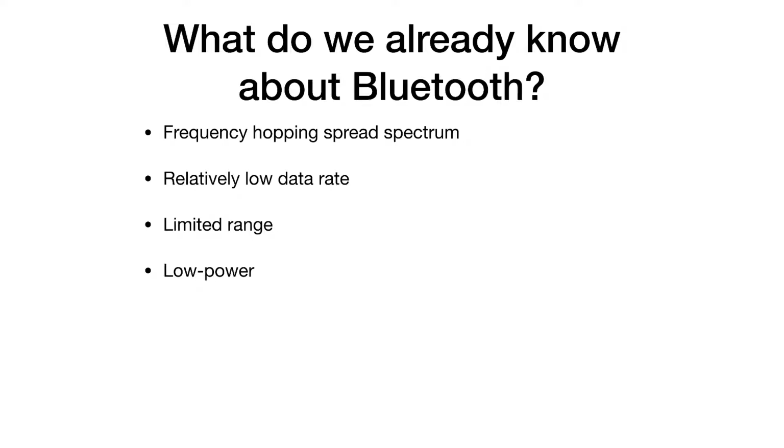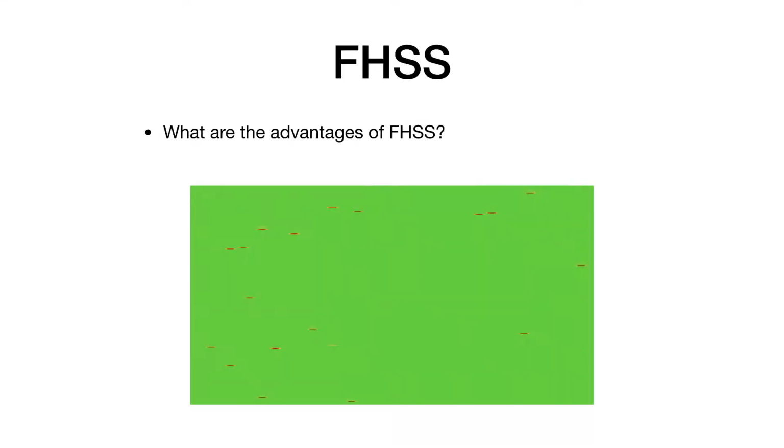They have limited range and it's low power. So those are some of the key factors of Bluetooth. So like I said, we know that it uses frequency hopping spread spectrum. So my question for you is, what is the benefit of frequency hopping spread spectrum? Make sure you remember that benefit, because that plays a role into why Bluetooth uses this.